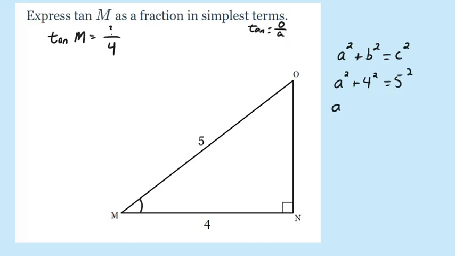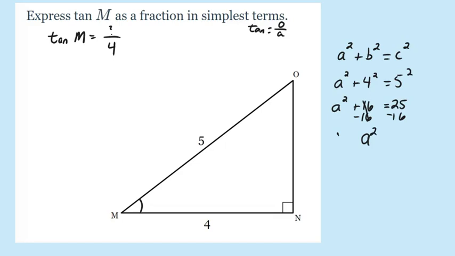So I don't know what a squared is yet. I don't know what a is. 4 squared, I know that that's 16. And 5 squared is 25. Now we're getting there. We're going to subtract 16 from both sides. And we're going to get a squared. Let me write that a little bit more over here.